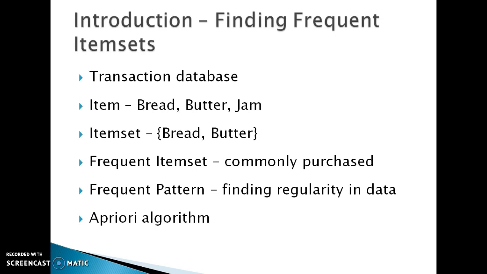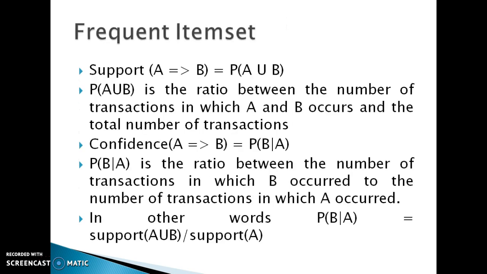This can be mapped to other applications as frequent patterns, where it can be used to find the frequent regularity occurring in the data. This regularity, or frequent item set, is determined using an algorithm called the Apriori algorithm. That is the main focus of our video.